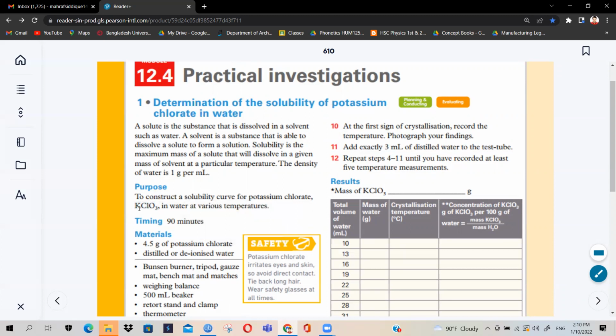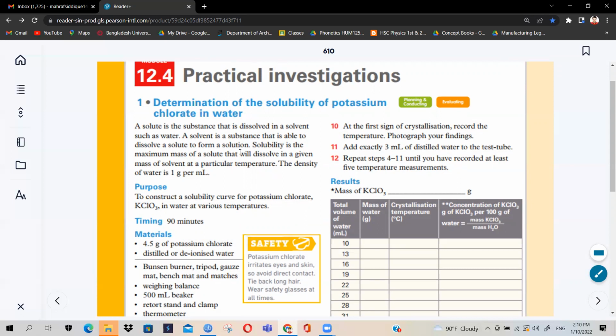What do you think? What should be the charge of chlorine? Let's see your intuition power. In case of KClO3, what should be the charge of chlorine? Here it is, KClO3. -2 times 3 equals -6, and potassium is +1.